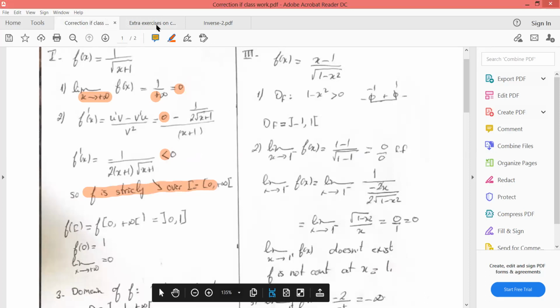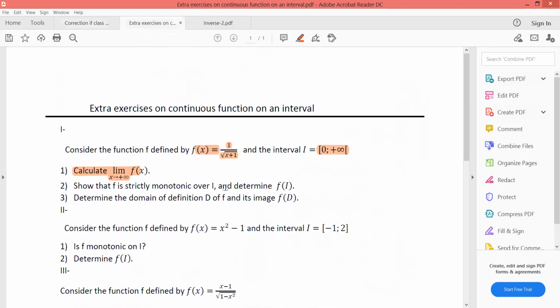Now, determine f of I. How to determine the image of the interval? How to calculate f of I? I is a number between 0 and infinity.